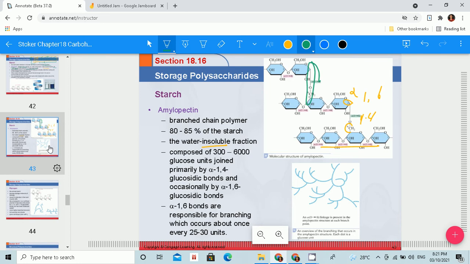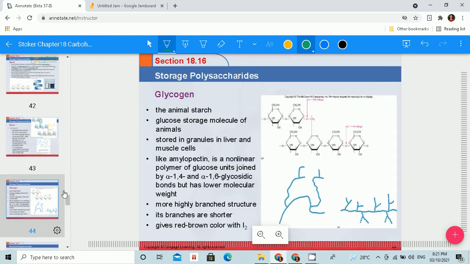If the plant has no present sugar, then it will convert what it has in the starch. Then for animals, the storage polysaccharide we have is our glycogen. We cannot find starch in our body, we can only find glycogen.